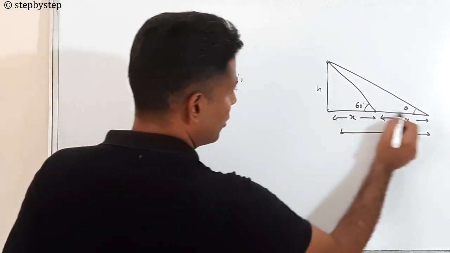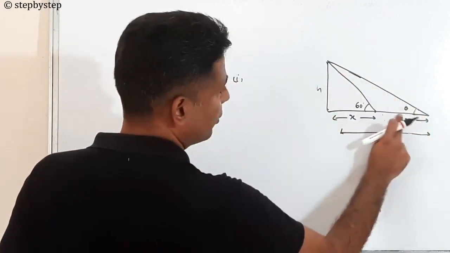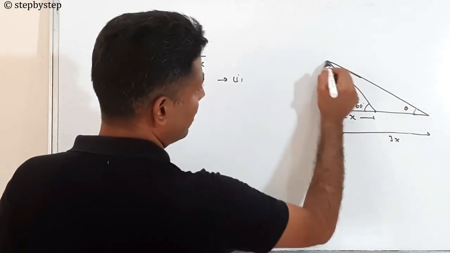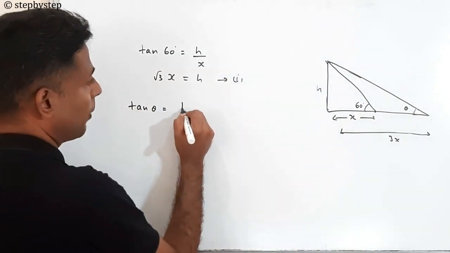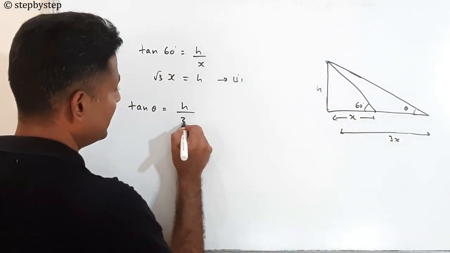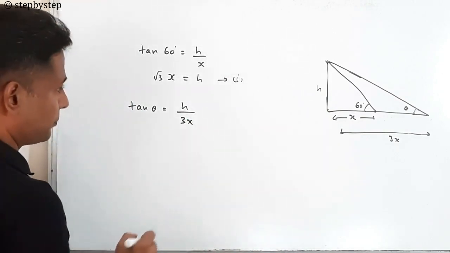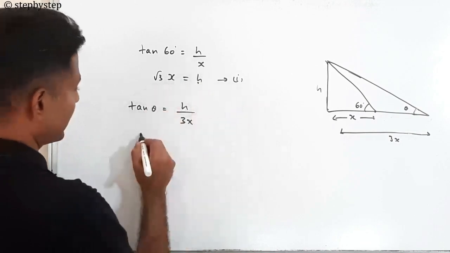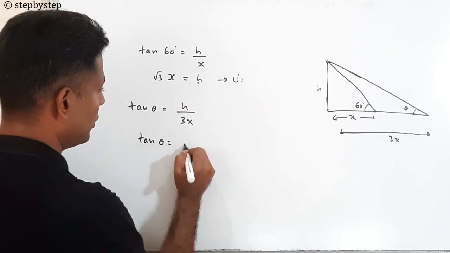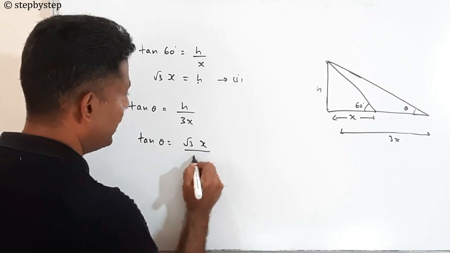Now if we take the total angle, we didn't even need to write this as 2x. We take the entire triangle. Tan theta will be equal to opposite, that is h, by adjacent, that is 3x. Right? Now tan theta is equal to h by 3x. But what is h? Root 3 x. So tan theta equals root 3 x by 3x.